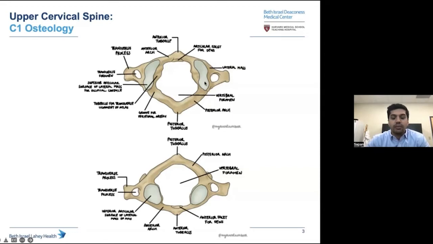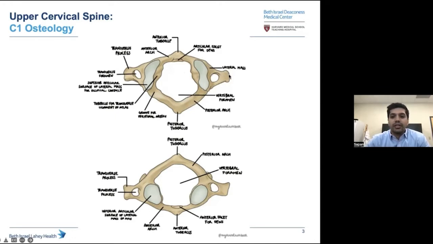It has the anterior ring and tubercle, the posterior ring and posterior tubercle, and then laterally you can see the lateral mass of C1. On top of the lateral mass is the superior articular process that articulates with the occipital condyle. So this is where the occipital condyle sits.